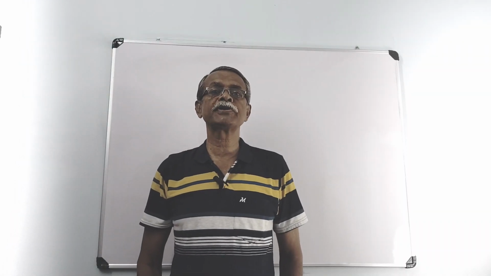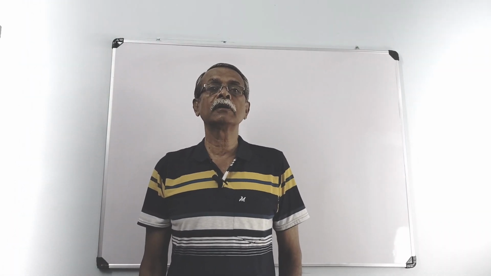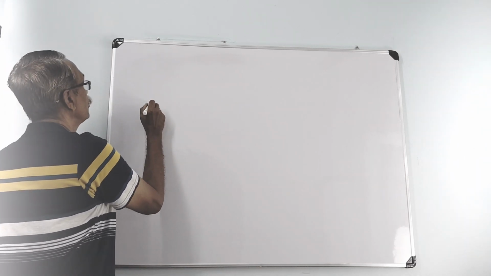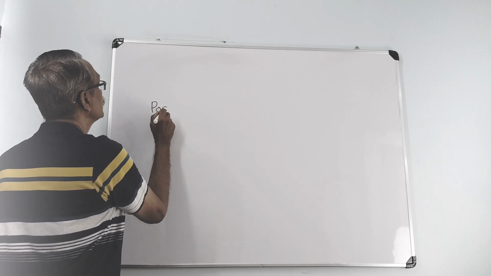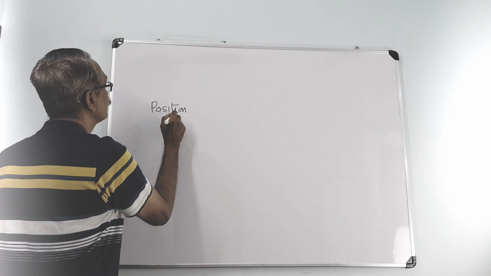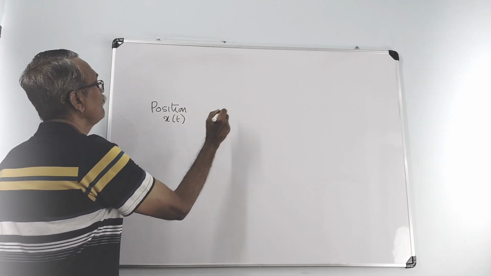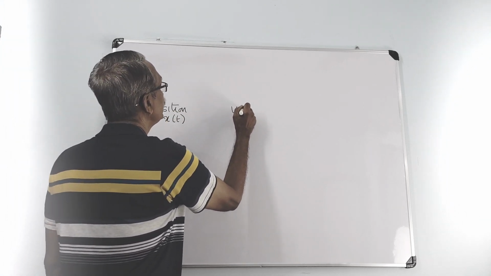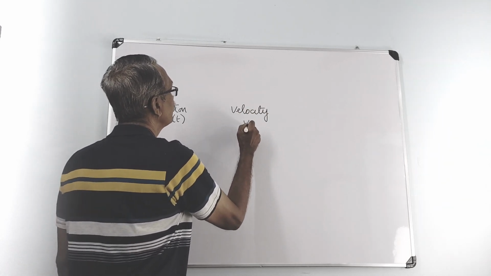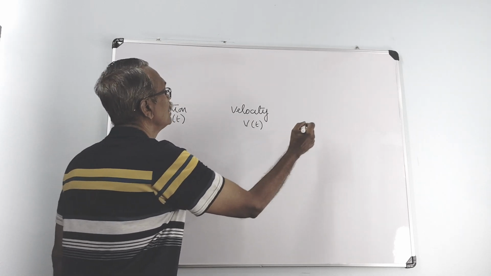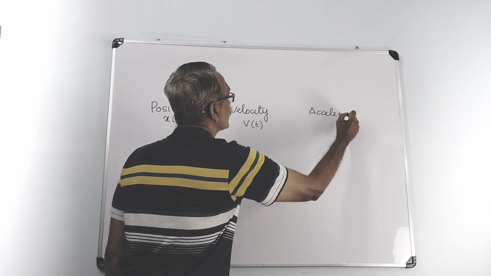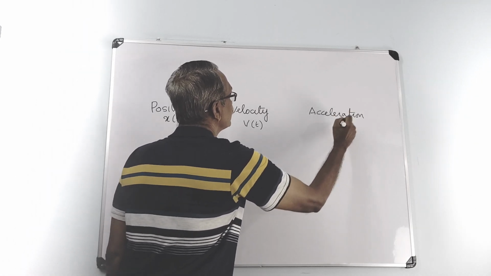Suppose the position of a particle is given as a function of time. That is, we have the position of a particle, x as a function of time, and we have the velocity of the particle, v as a function of time, and the acceleration of the particle as a function of time.